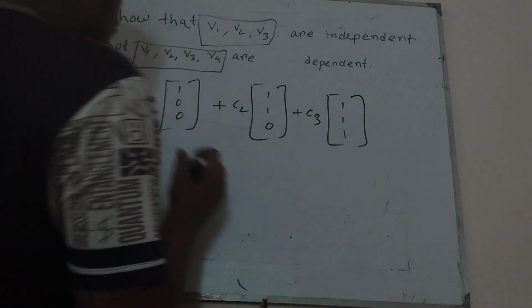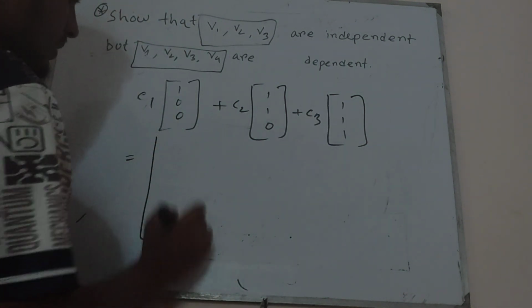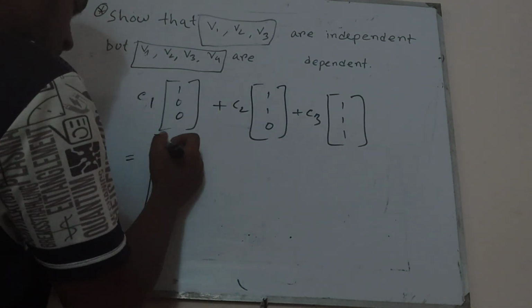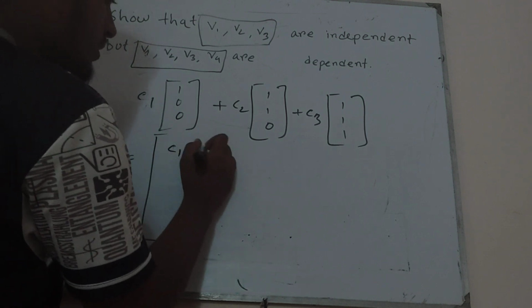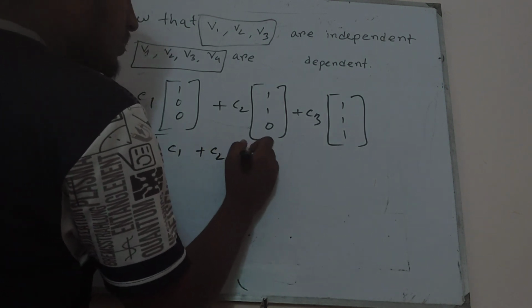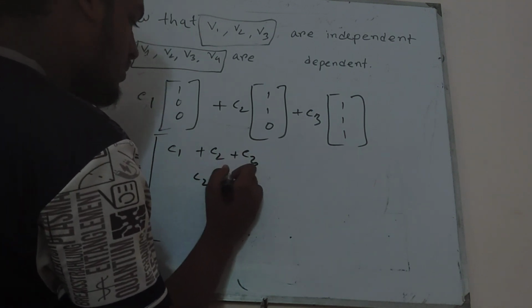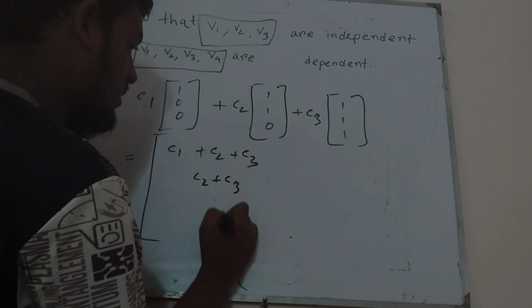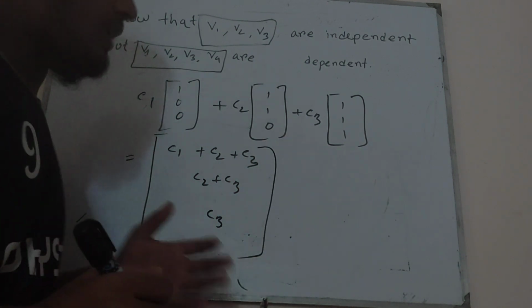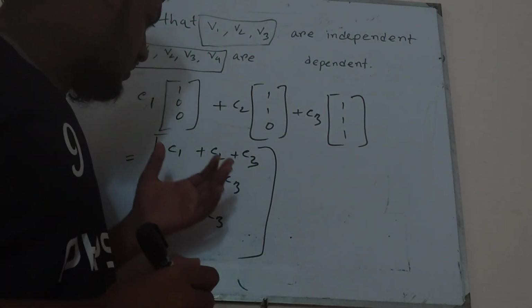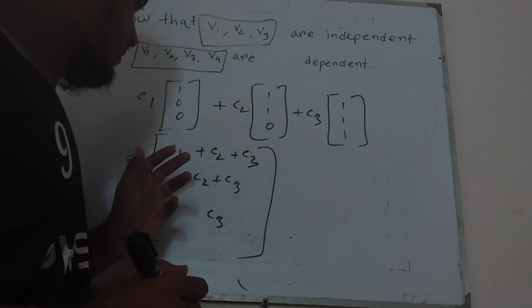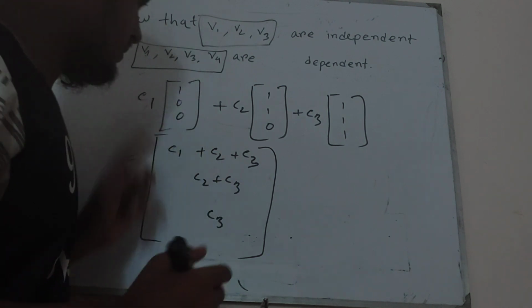Then we can combine these three vectors like C1 + C2 + C3, C2 + C3, C3. Here we will apply some intuition to solve this problem.